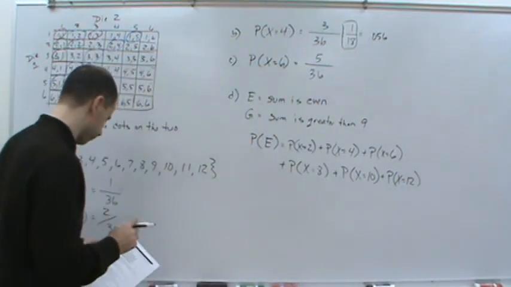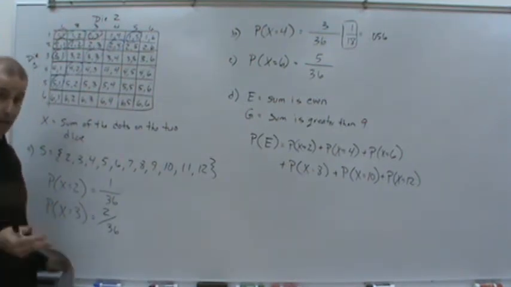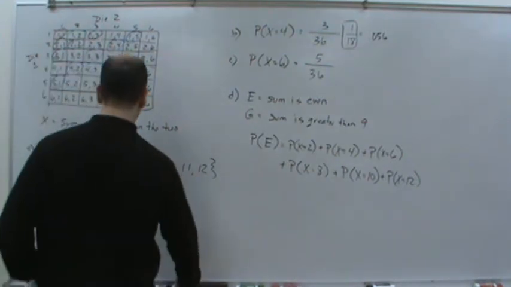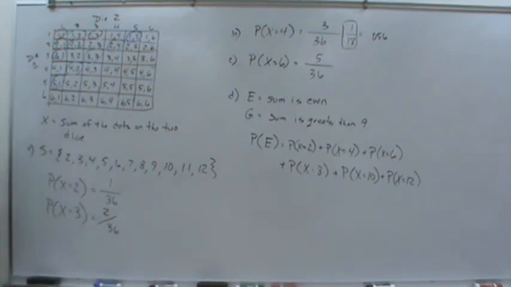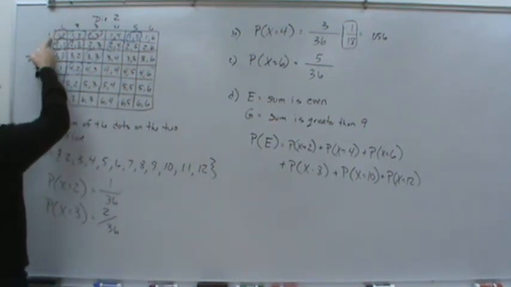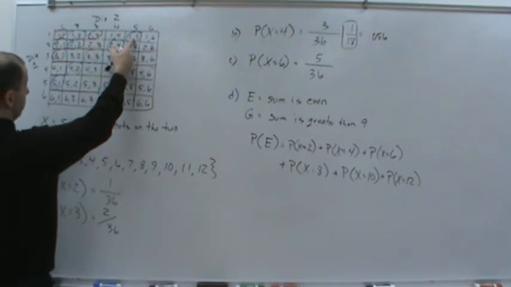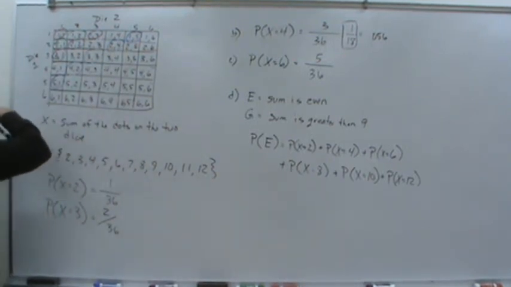Okay, so now, let's count those up, okay? So again, remember, all you have to do is find one and go through the diagonal. So if I want even numbers, well, that's this one. That's an even number, right? This is an even number, and this is an even number, okay? So those will give me the even numbers.